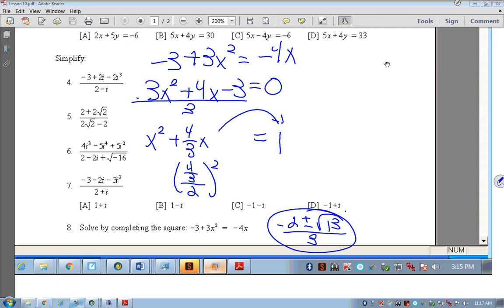Or multiply it by a half if you want. If you multiply it by a half, you're going to get 4/6. 4/6 is 2/3, correct? So we're going to add 2/3 squared there. So you always take this middle term, divide it by 2, and square it. Okay?